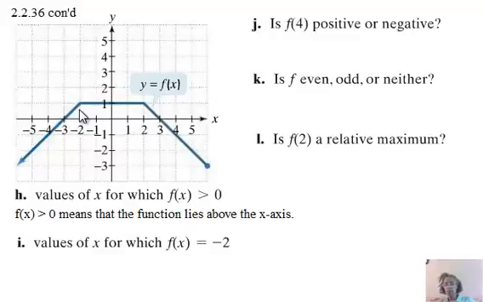So I see that 3 is on the x-axis, so that means f of 3 and f of negative 3 is 0. So negative 3 and 3 are on the x-axis. And we're being asked for the values where the function is positive.